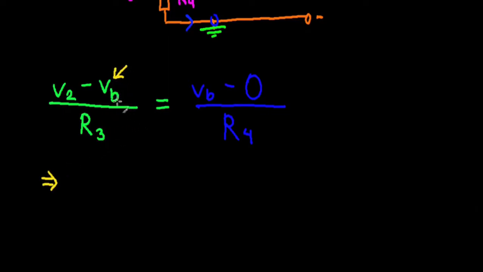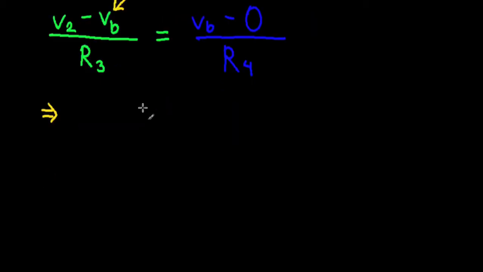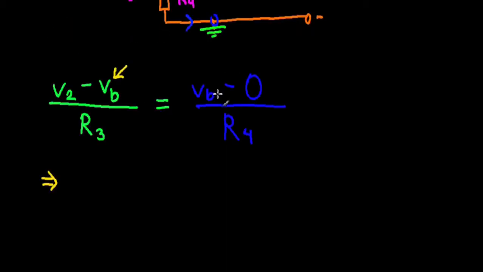If you want to do that, let's multiply by R3 and R4. If we multiply by both R3 and R4, what we get is R4 times (V2 minus V sub B).